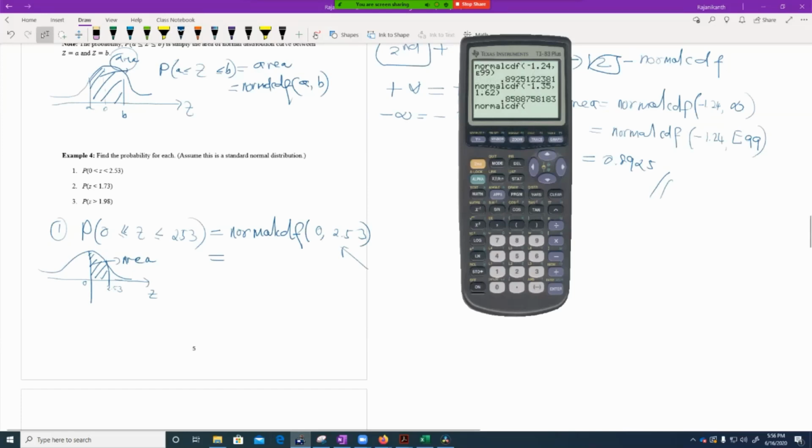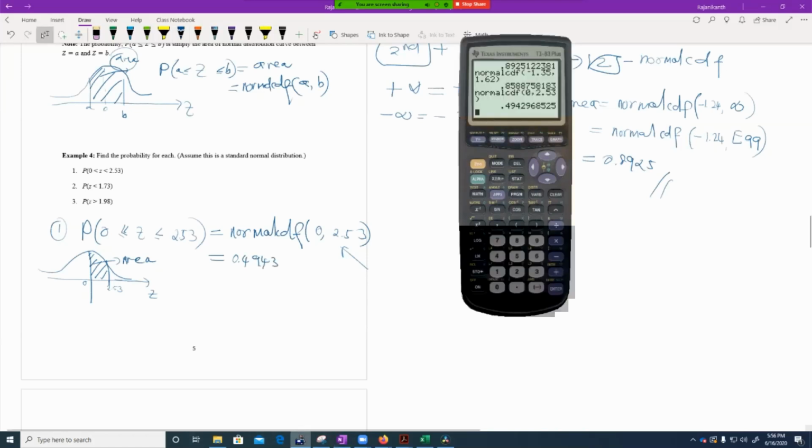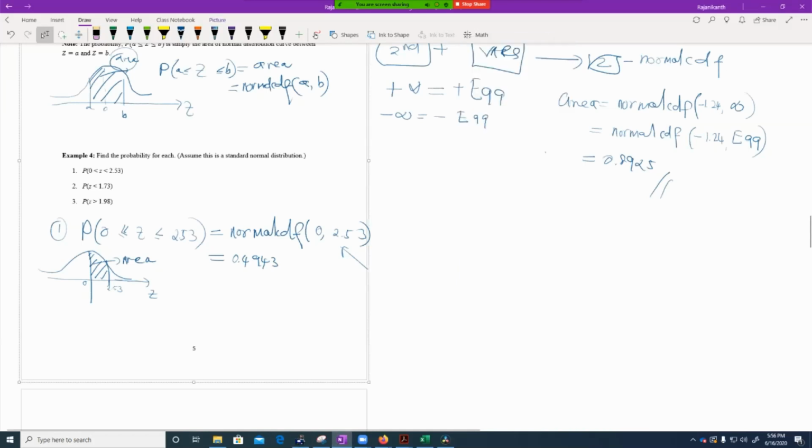The left bound is 0, comma, the right bound is 2.53. And close this. Enter. So my 4 decimal place answer is 0.4943. Yes. So that is the probability of the z value between 0 and 2.53.